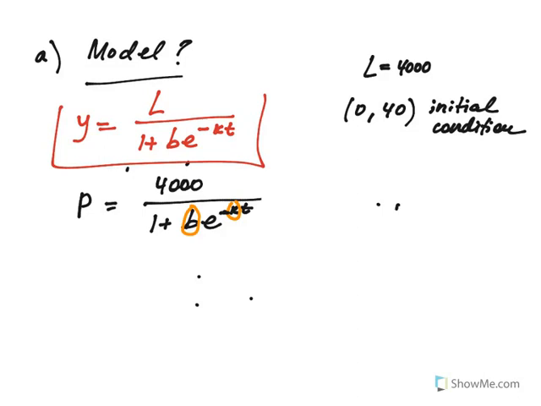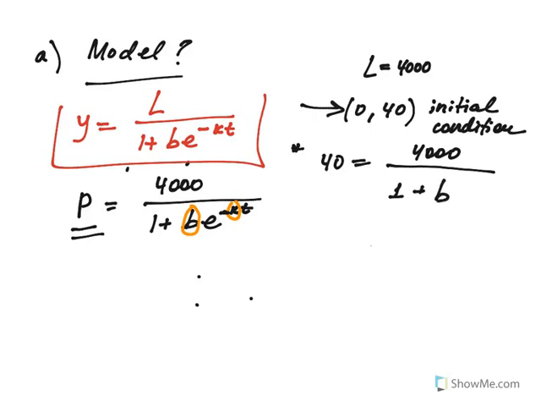Now we need to solve this equation for b. This is what I'm going to do. P is 40, and I'm using this information, equals 4,000 over 1 plus, I don't know what b is, e to the power of negative k, I don't know what k is, but time is 0.